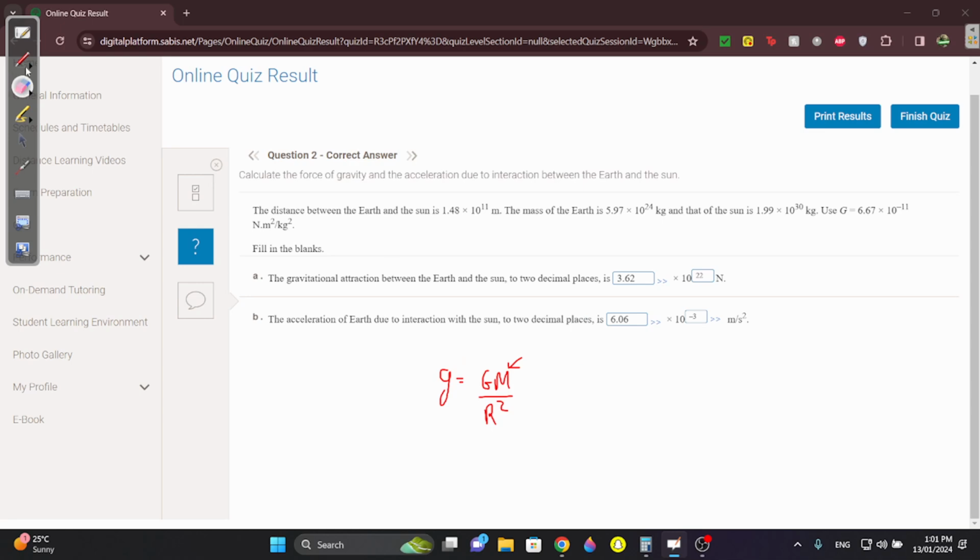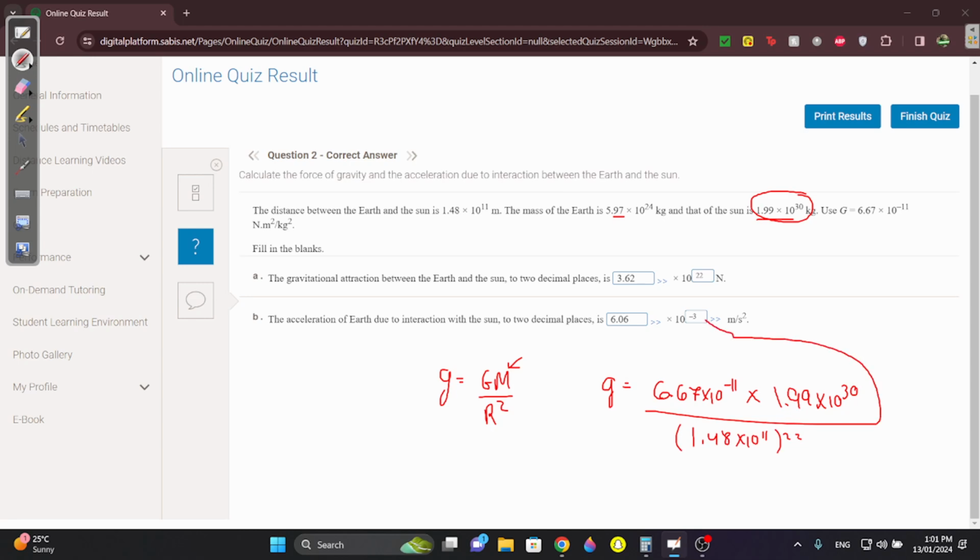In this case, with Earth and Sun, obviously the Sun's bigger, so use the Sun's mass. So g equals big G, 6.67 times 10^-11, times the mass of the Sun, 1.99 times 10^30, over the distance between them squared, 1.48 times 10^11 squared, and you should get this answer over here.